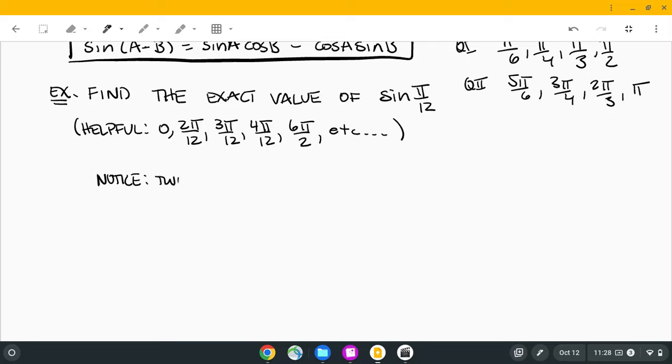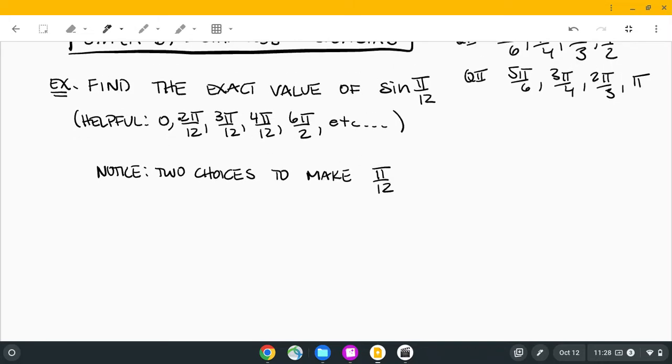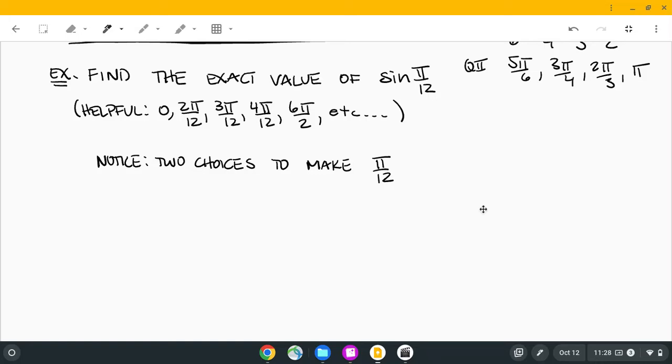You have two choices to make pi over 12. All right, I'm going to use the 3 minus 2 to get 1. Again, it doesn't matter which one you use. If you choose 3 pi minus 2 pi to get the 1 pi, or if you choose the 4 pi minus 3 pi to get the 1 pi, you will get the same answer at the end. Okay, so just kind of notice this.